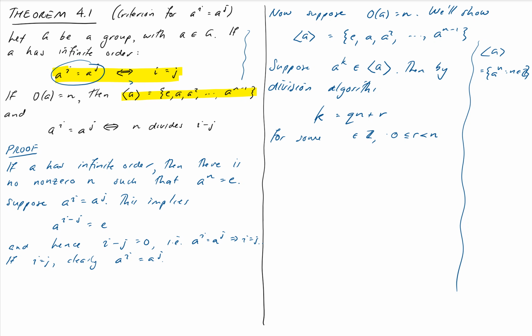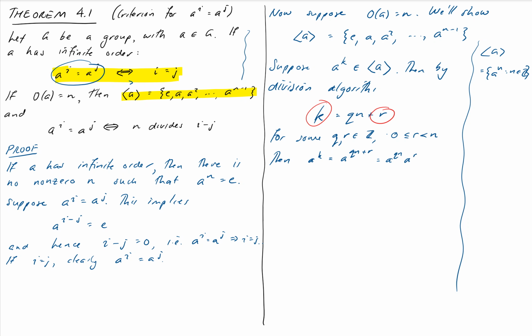Okay, so the key part of the division algorithm is usually the fact that we're starting with our k, and often the aim is to turn it into this r and show that it can equivalently be used as this r here. So in this particular context, how's that going to work? Well, a to the k is equal to a to the qn plus r, which is equal to a to the qn times a to the r.